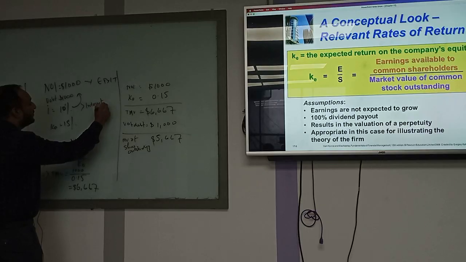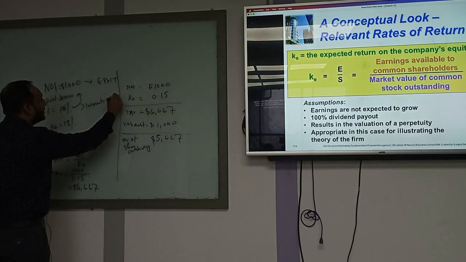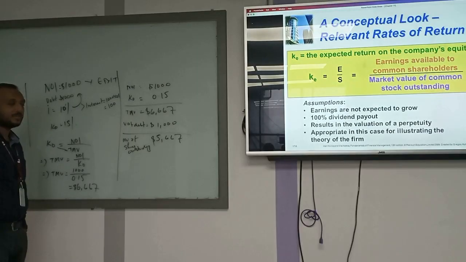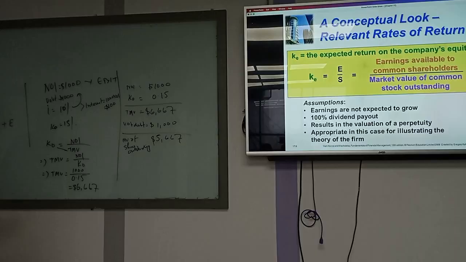Interest is equal to 1000 into 0.10, that means $100 is your interest. So NOI minus interest is equal to earnings. NOI is $1000, less 100 is equal to 900. So your earnings available to the common stock equity holders is 900. Okay.